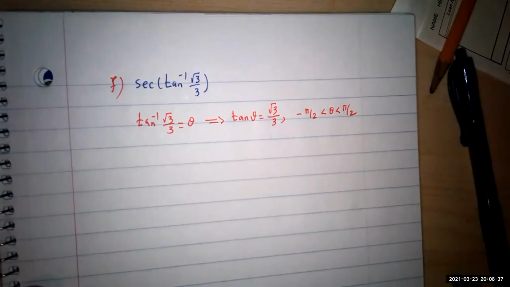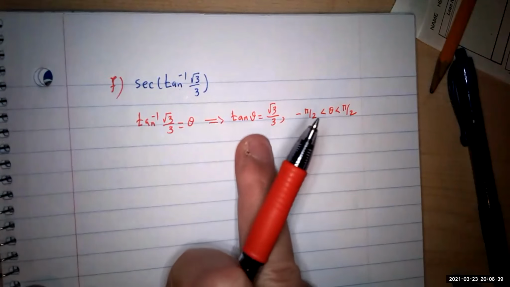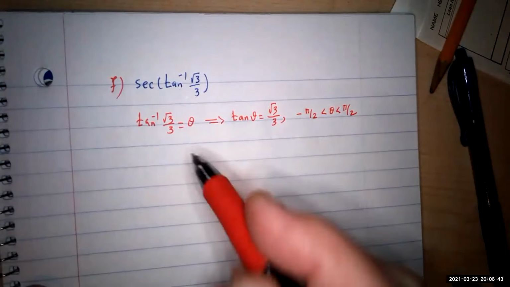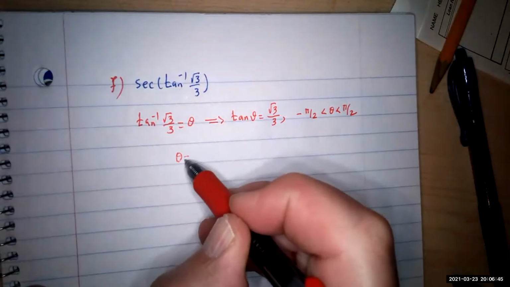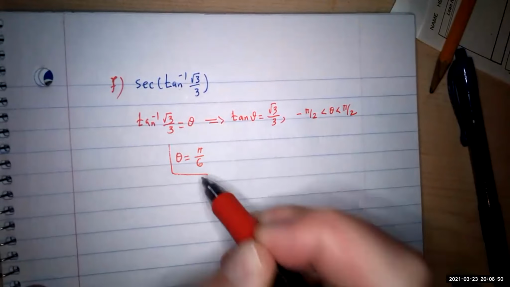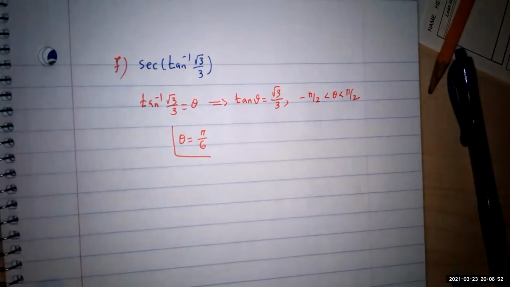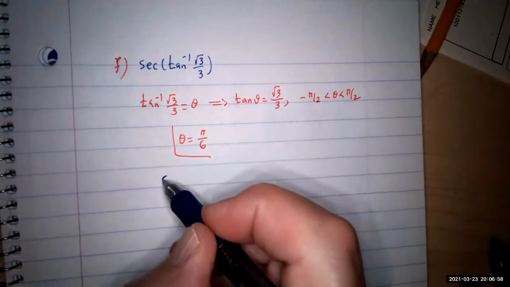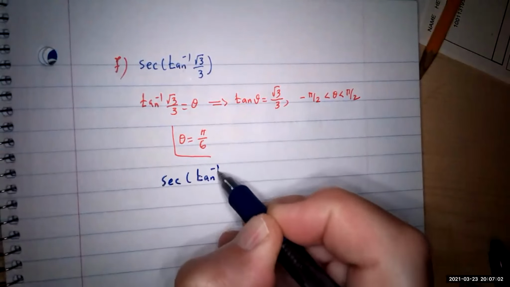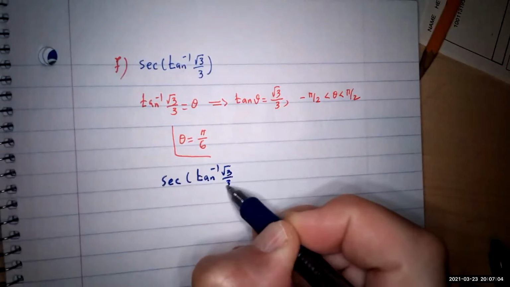Is it 30 degrees? Because the tangent of 30 degrees is that, so theta is going to be equal to pi over 6, which is 30 degrees. So we go back and substitute. What we have now is the secant of the tan inverse of radical 3 over 3.